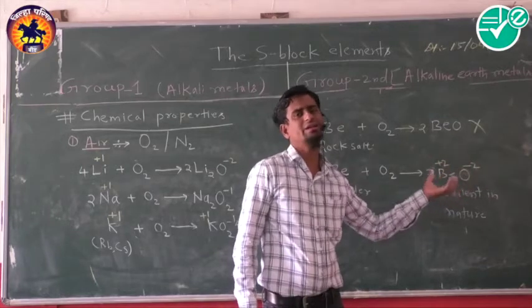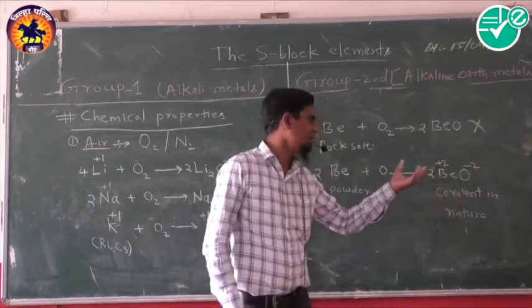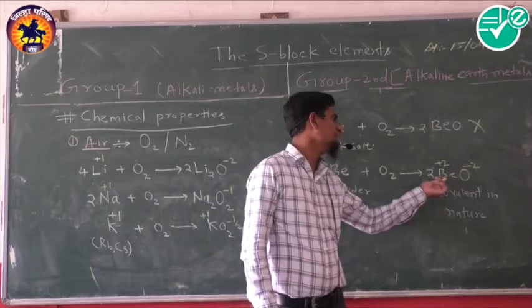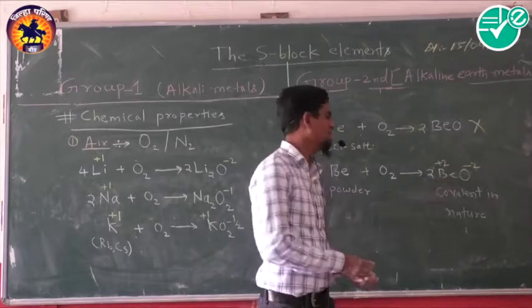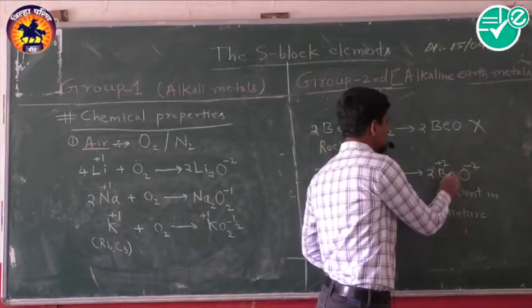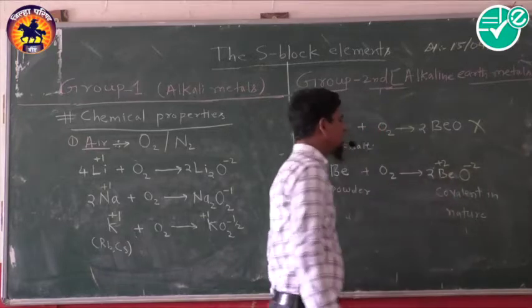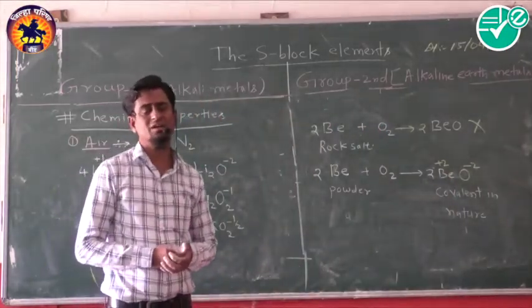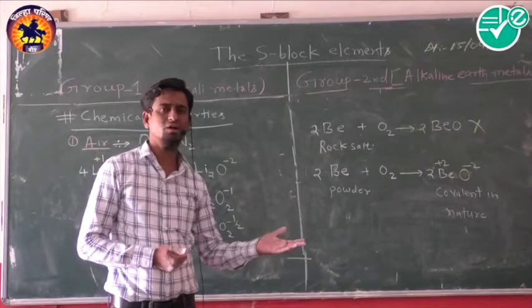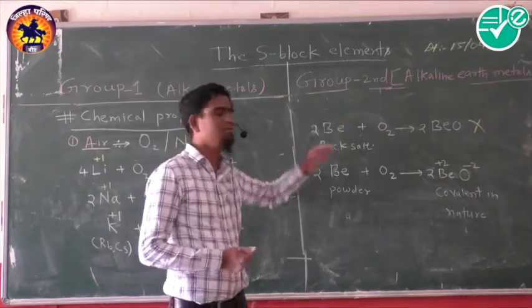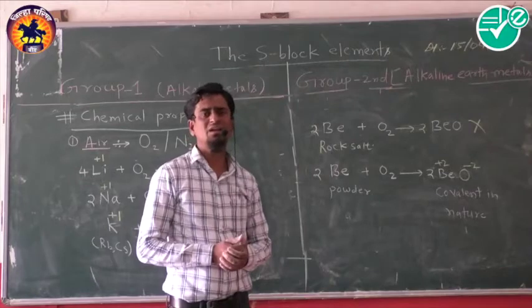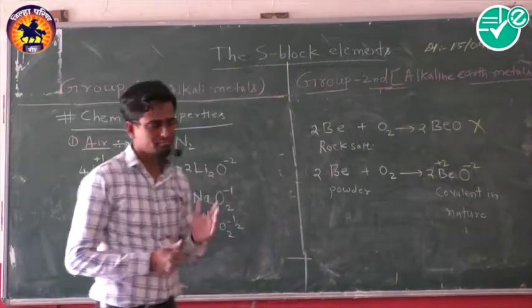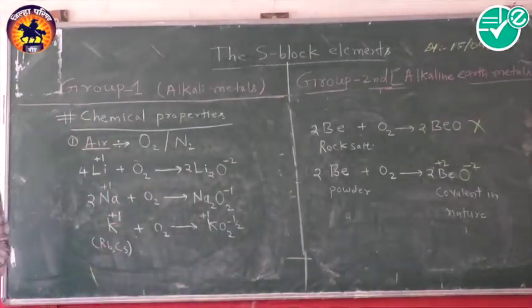So its ionic character is disturbed by beryllium. That is called polarization. That's why beryllium oxide is covalent in nature, whereas the remaining oxides of this group two elements are perfectly ionic. Note that one, please.